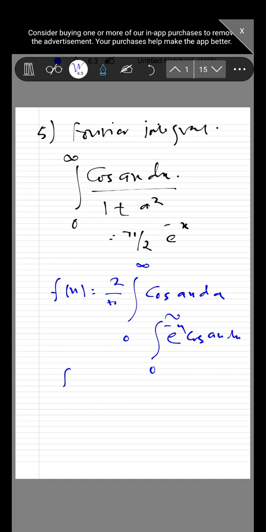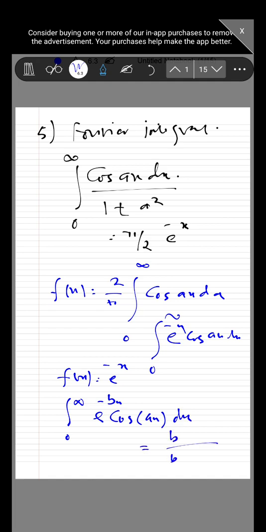Now we will put f(x) as equal to e to the power minus x, and then the integral 0 to infinity e to the power minus bu cos AU du will be equal to b divided by b square plus a square.